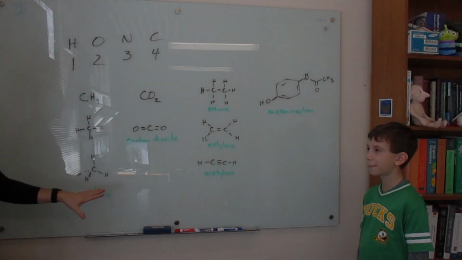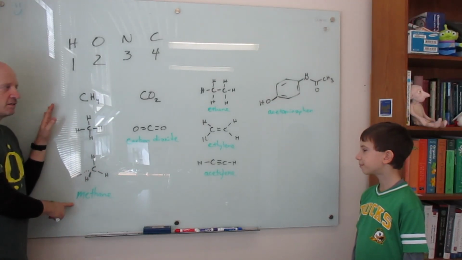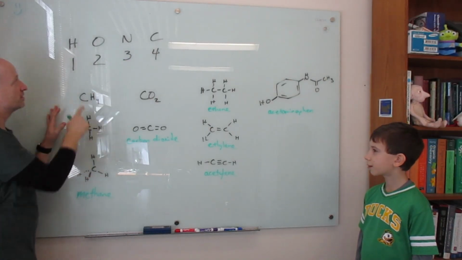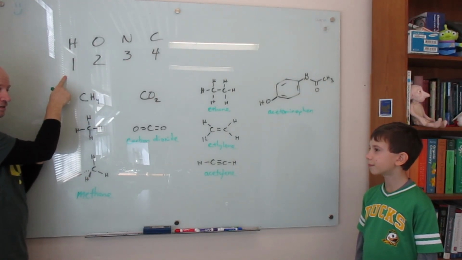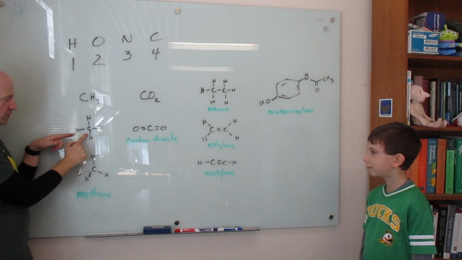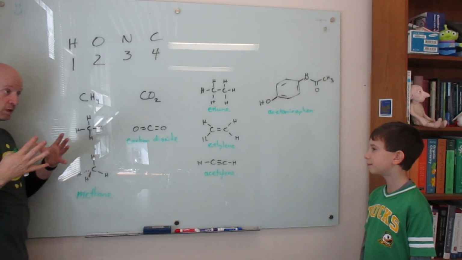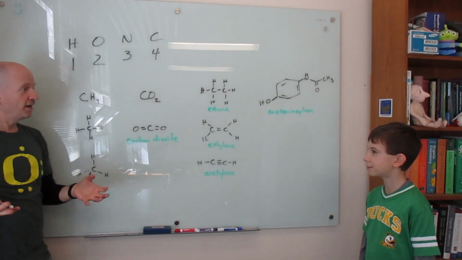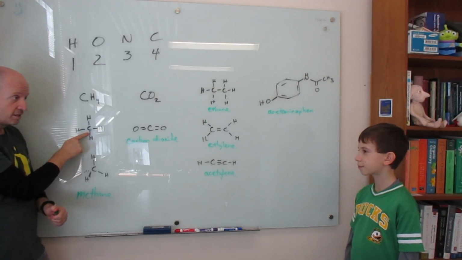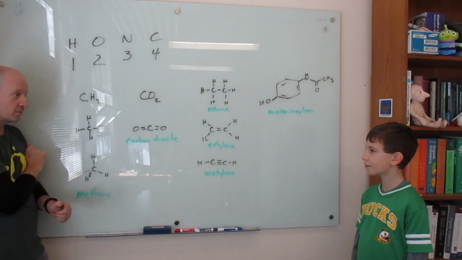All right, so what we have here are some pretty simple organic molecules, starting with methane. So methane is CH4, because carbon forms 4 bonds, and each hydrogen forms 1. And so we can represent this by drawing a carbon in the center with these 4 lines to the hydrogens, where each line is representing a chemical bond. And in terms of electrons, what it means is each bond represents a pair of electrons that are being shared by those 2 atoms.